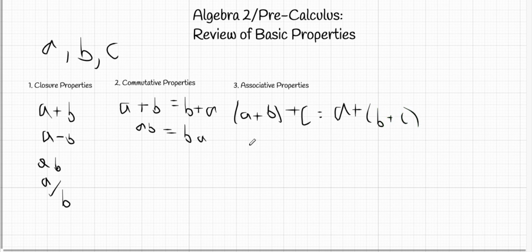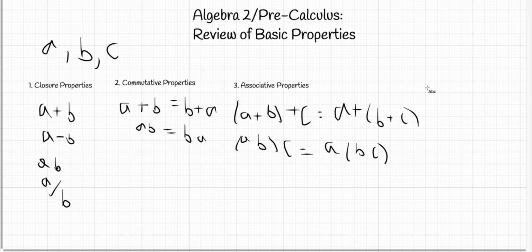The spacing between the letters is basically where the emphasis is, or the parentheses are. And similarly, we have that for multiplication. A times B times C is equal to A times B times C. These only work for addition and multiplication, not subtraction and division.